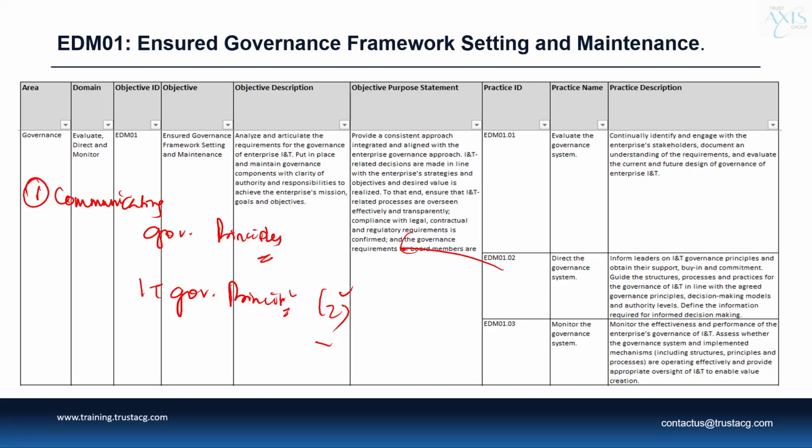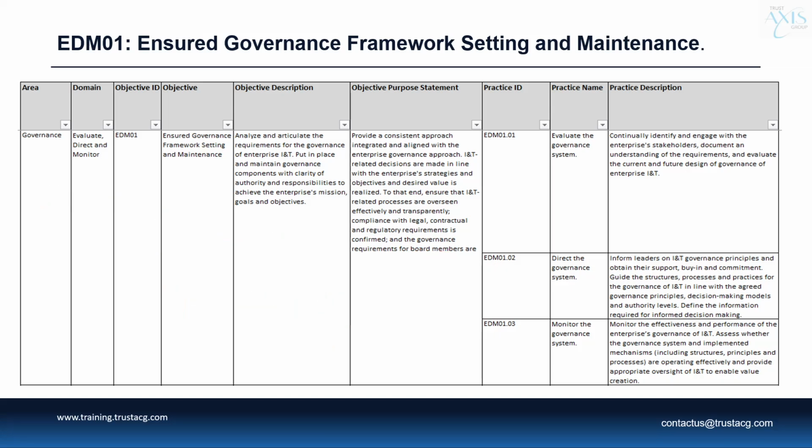Then the second thing that you could do possibly is establish, or at least delegate, the governance structures and processes within the enterprise as a board or as a leadership, right? You must define how the governance will be functioning.